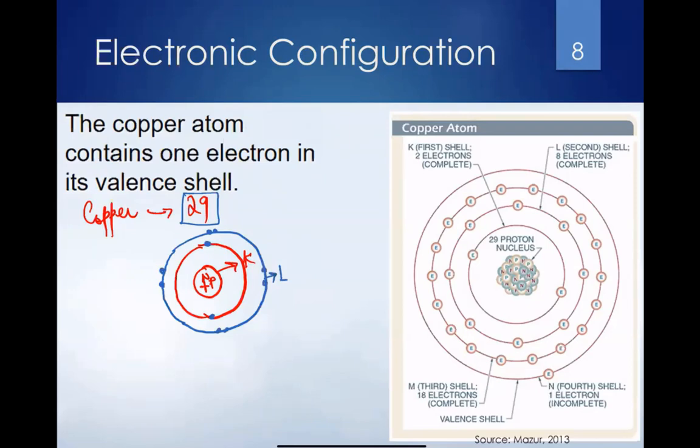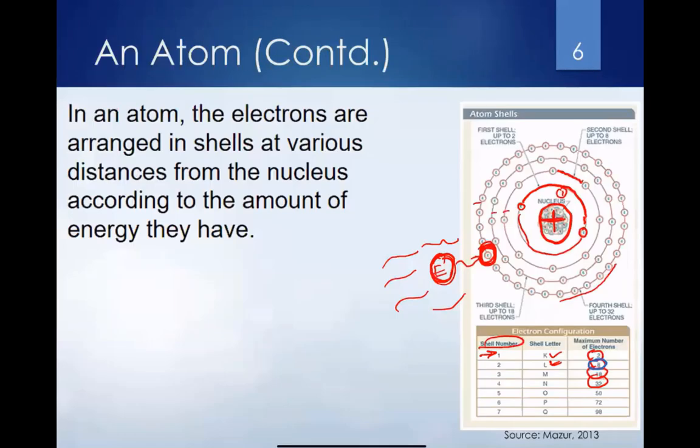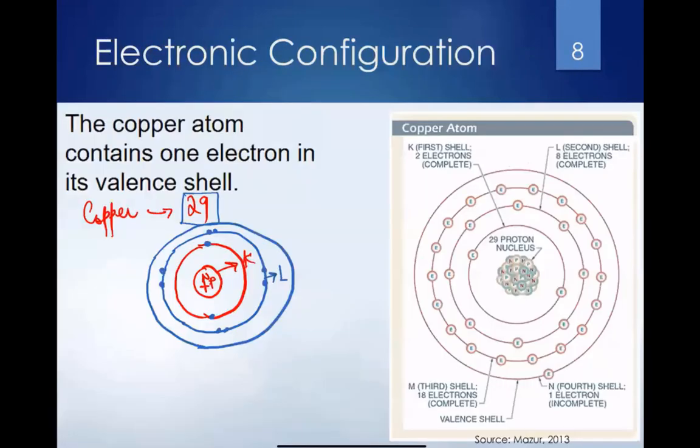Then I move to the next shell, K, L, M, which will be M right here. Okay, your M shell can have up to 18 electrons.